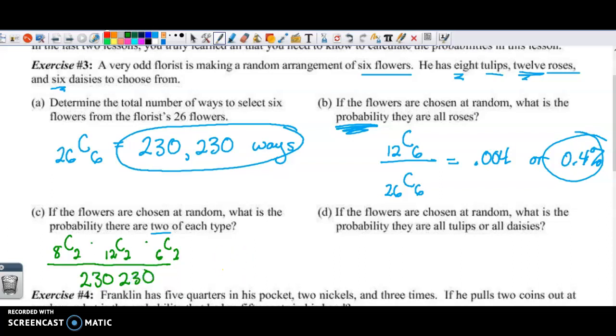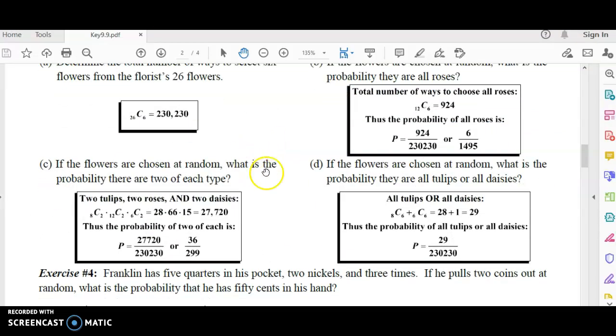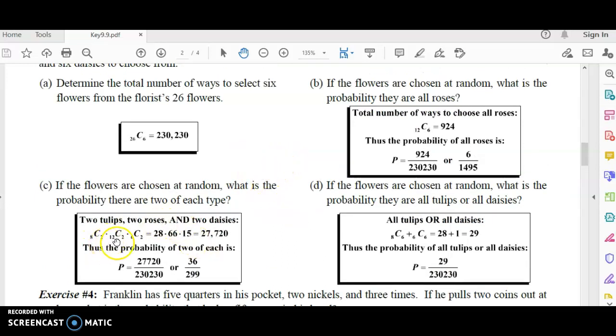I'm sure you guys already looked at the answer key. You can hit pause and see where we're getting these values from. Trust a calculator, this is just plugging into a calculator. That's why I have no problem showing you the answer key. And then that's what we want divided by the sample space, which we found in part A, which reduces to this number. You can leave it as a fraction, change it to a decimal, or change that to a percent.